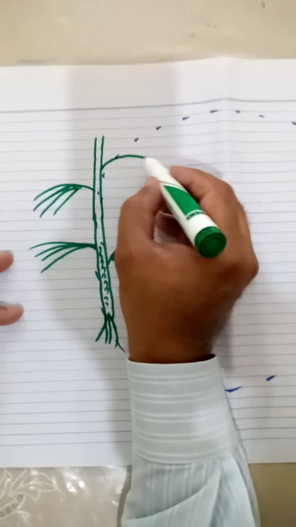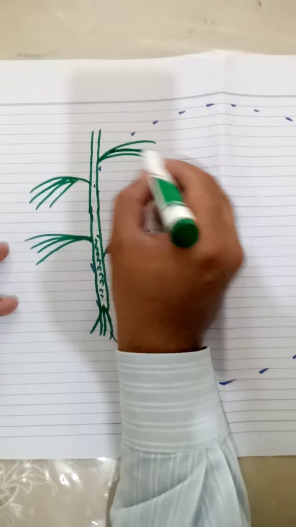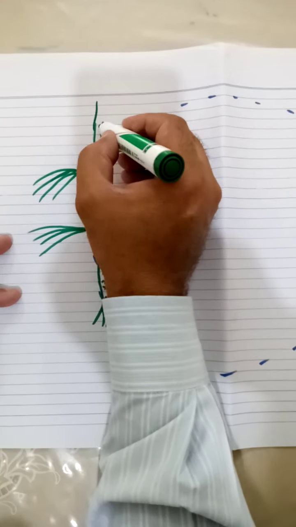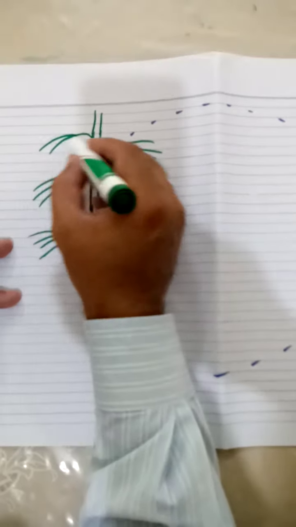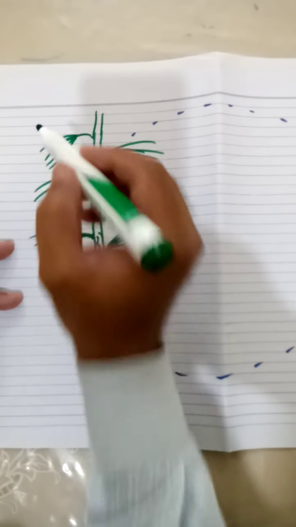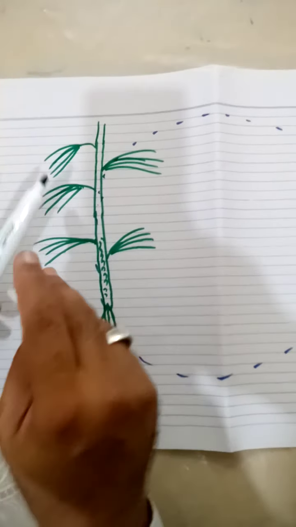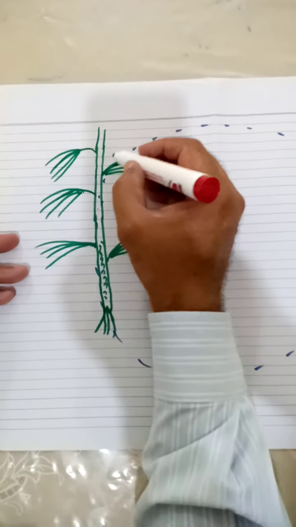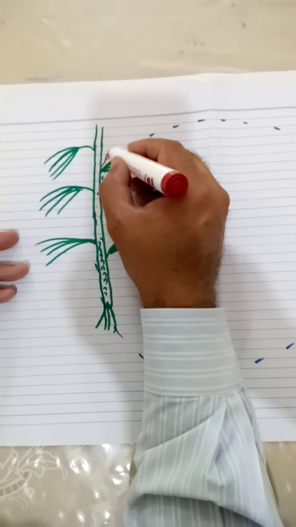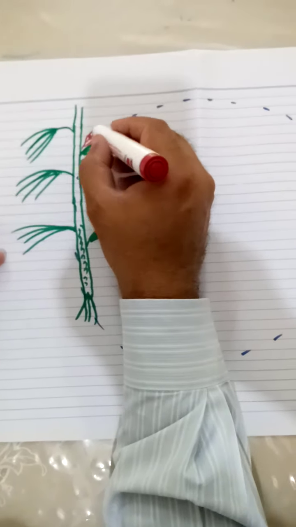Angiosperms are classified on the basis of flower, but these are classified on the basis of cone or on the basis of leaf. There are cones like this one, that is a male cone, and here is a female cone.